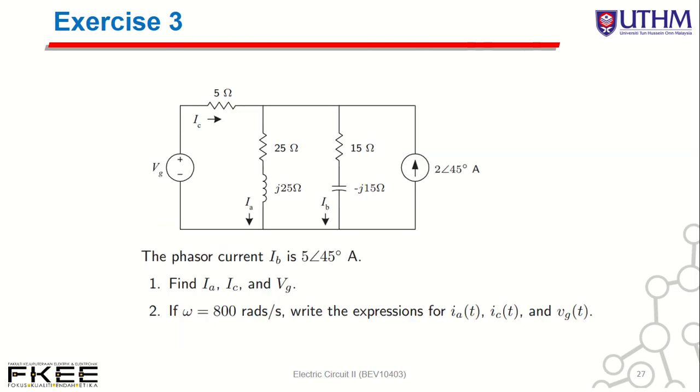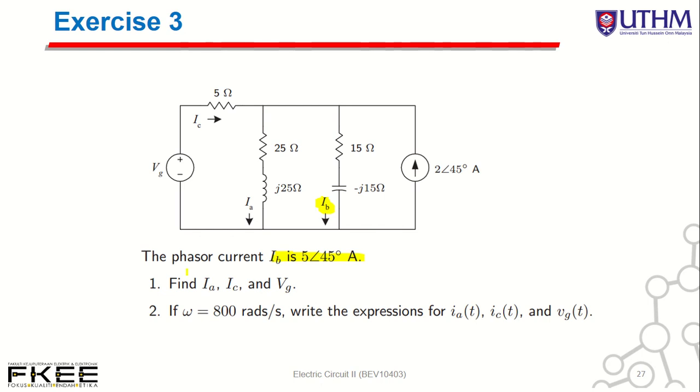Okay, let's try this exercise, Exercise 3. For the given circuit, you are given phasor current IB equal to 5 angle 45. For example, IB is given as 5 angle 45.